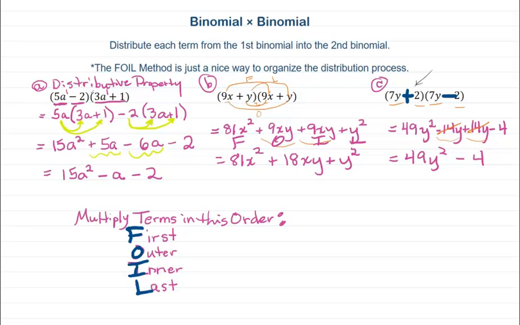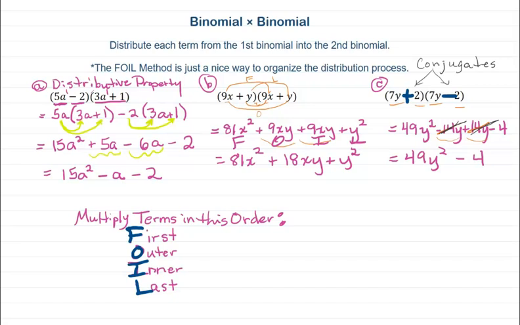When we have the same numbers and variables but opposite signs between them, we call that conjugates. And when you multiply two conjugates, when you FOIL them, those outer and inner, those two middle terms are going to cancel. So just watch your signs and always check to see if you can combine like terms.